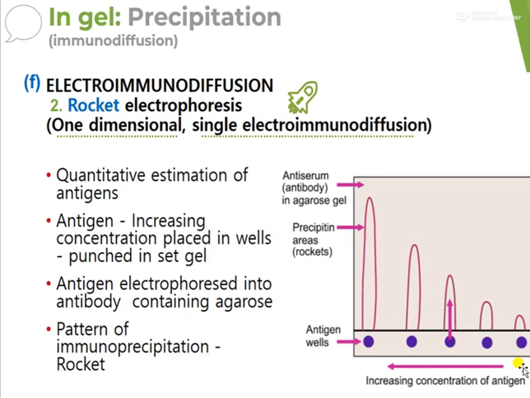Here the diffusion is one dimensional and a single electroimmunodiffusion, because it is the antigen which diffuses from the well towards the antibody, and this aids in making a quantitative estimation of the antigens.